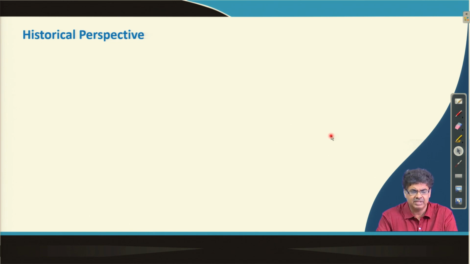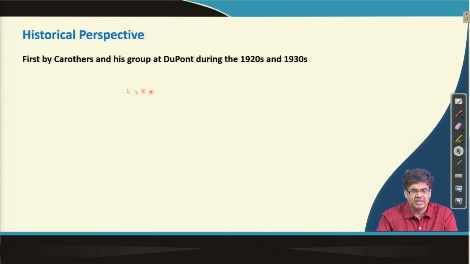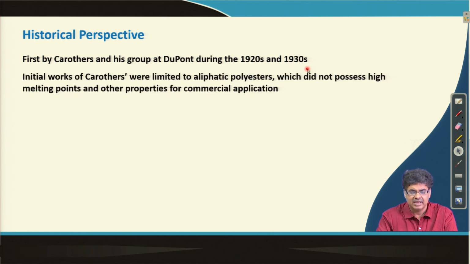Just to give you briefly a historical perspective, the step polymers were first synthesized by Carothers and his group at DuPont during the 1920s and 1930s. The initial work of Carothers was limited to aliphatic polyesters, which did not possess the high melting point and other properties required for commercial applications.